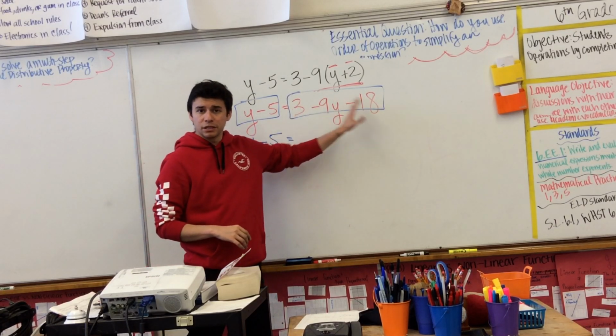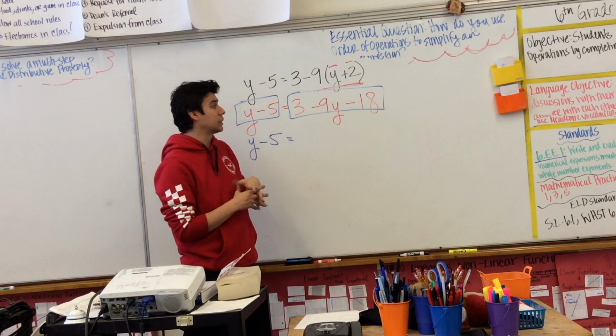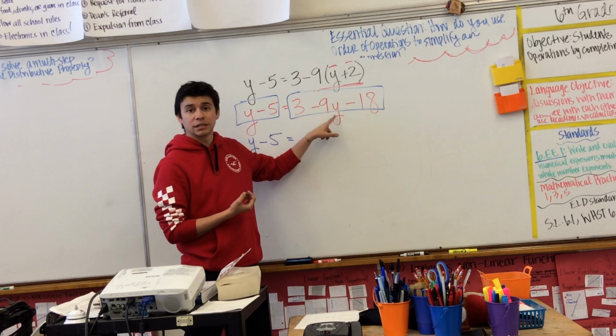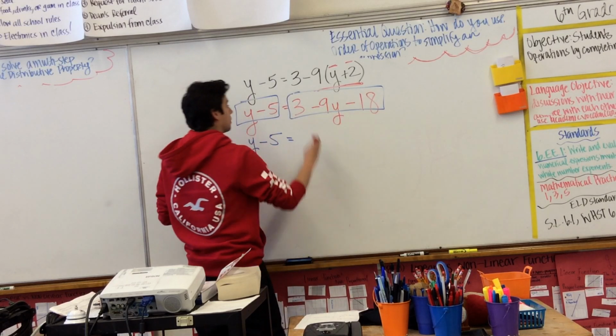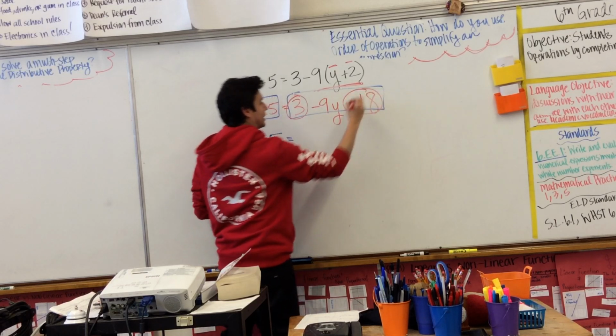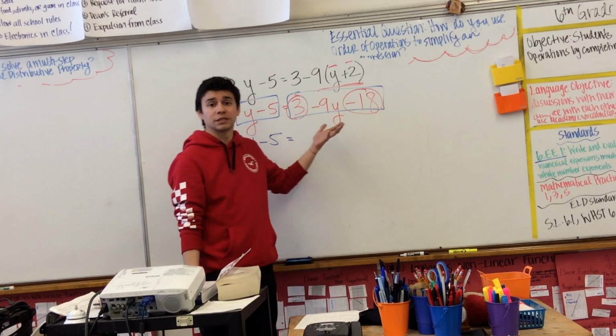Is there something in this rectangle that you could combine before you start moving things around? Well, you can't combine the 3 with this 9 because that has a y, but I can combine number with number. I can combine this 3 with this minus 18. So 3 plus minus 18, same sign or different signs?